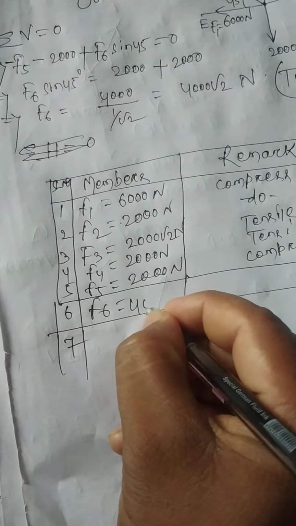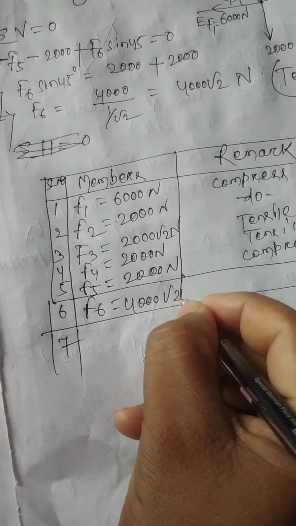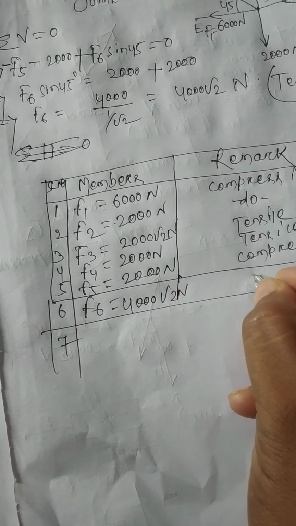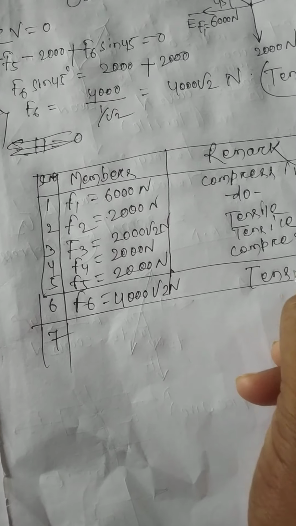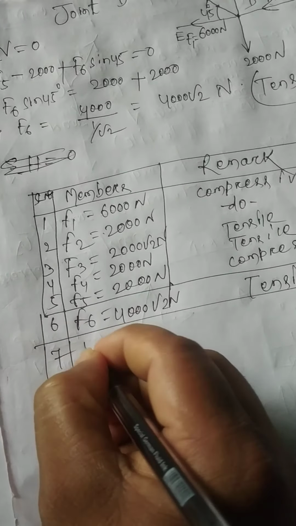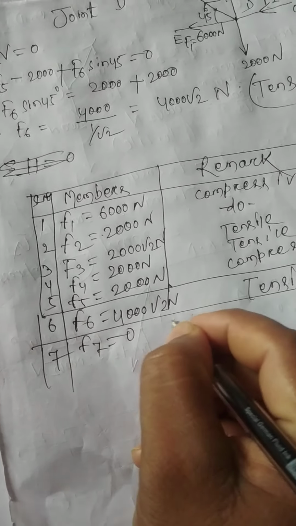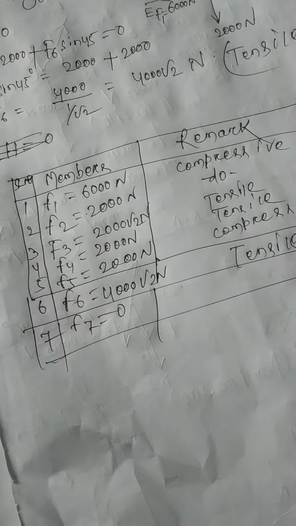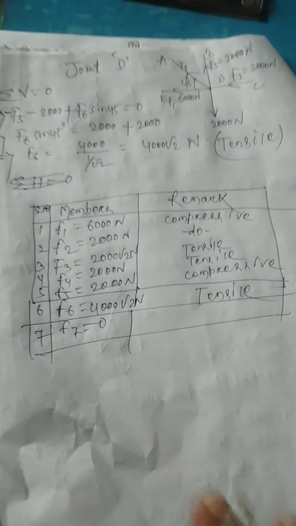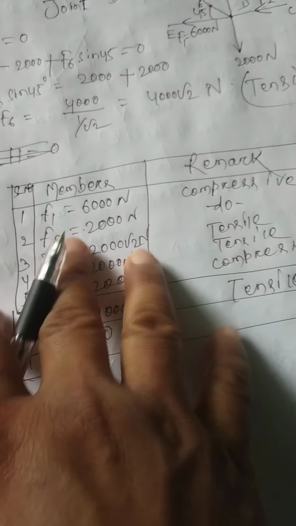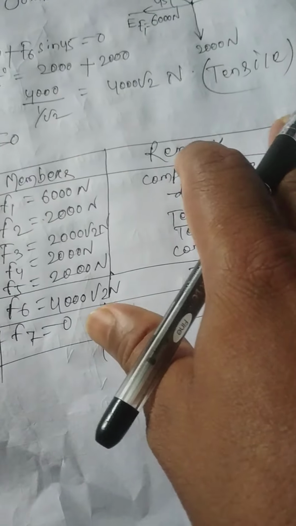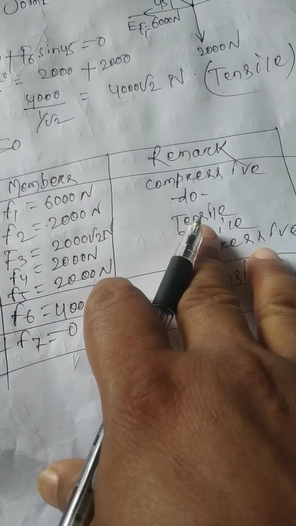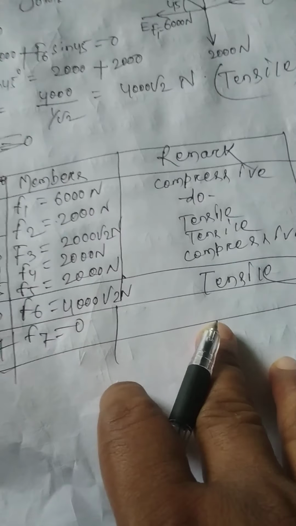What is the value we got? 4000 root 2 Newton, and it is tensile. Then F7 is equal to 0. Okay, so you have to draw this type of table. You have to keep the tabular form of each member, write down its value, and also in the remark column you have to write down tensile or compressive.